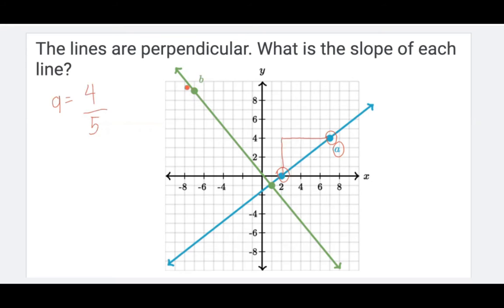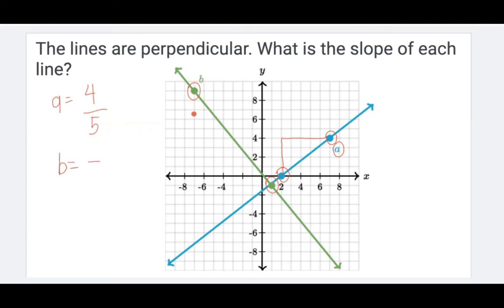Let's look at line B. These are our two solid points. Notice that we're counting downwards to our next point, so our slope is going to be negative.